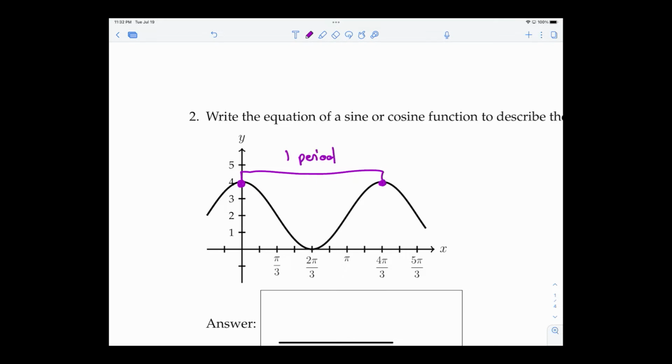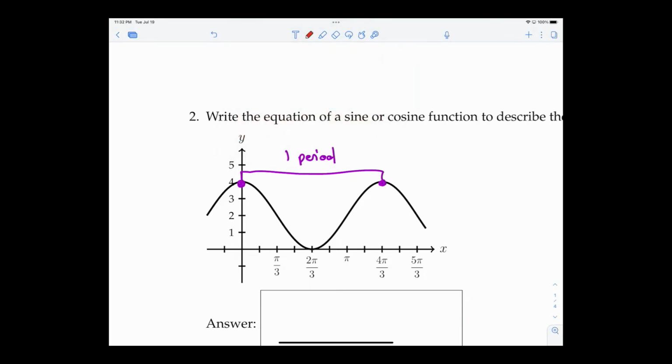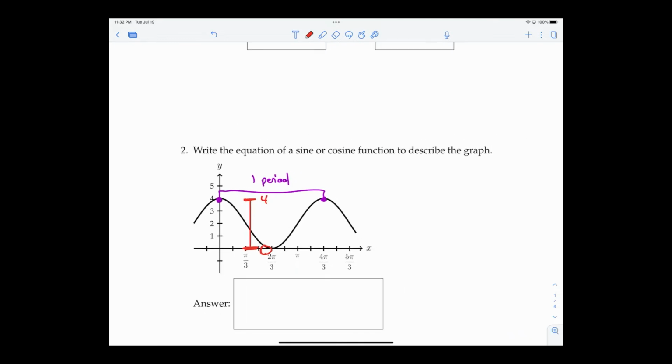And the amplitude is half of the height. On this function right here, this value is up at 4, this value down here is at 0, and so half of that height would be 2. We will use that fact later on.